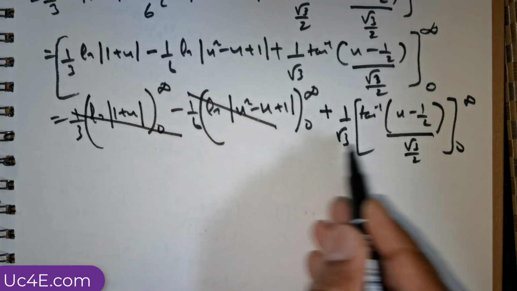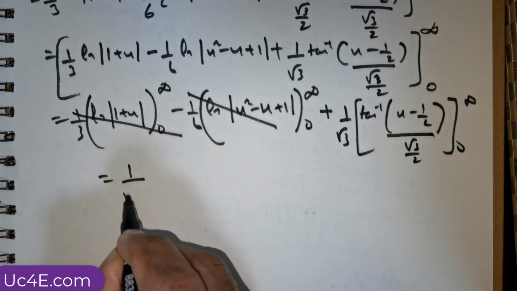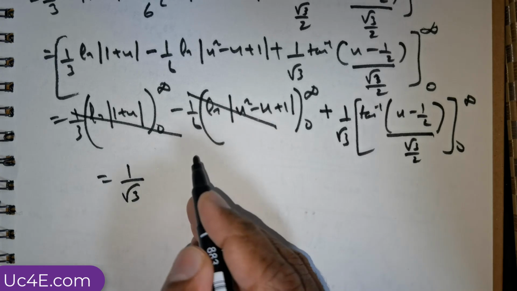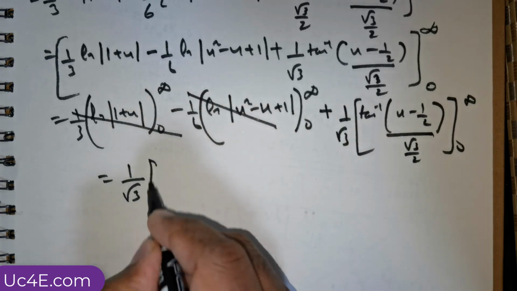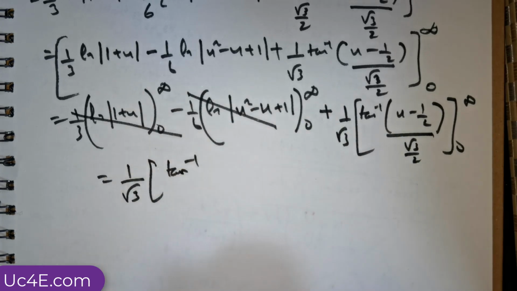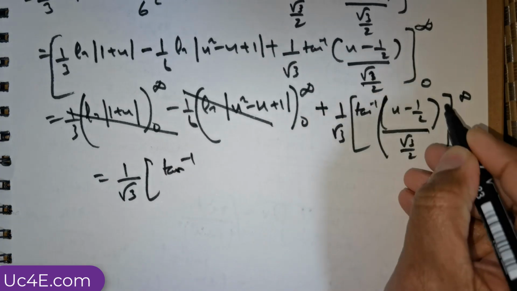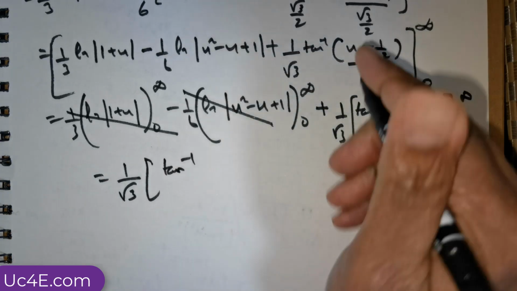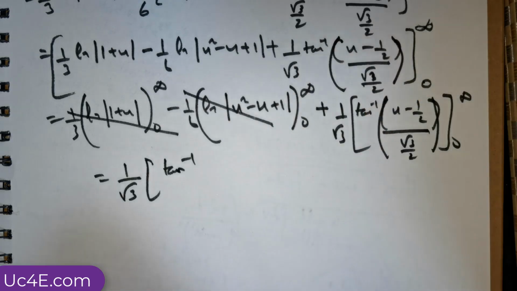This will go, this will go, this would be left. So 1 over √3 tan inverse of x over a.